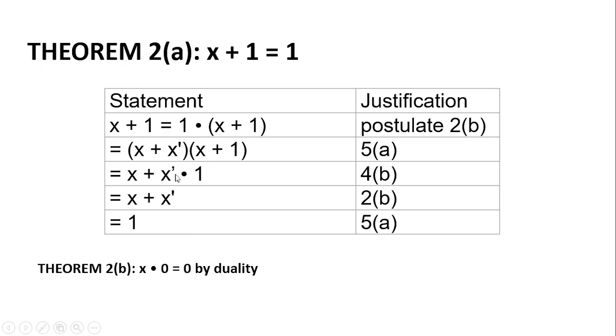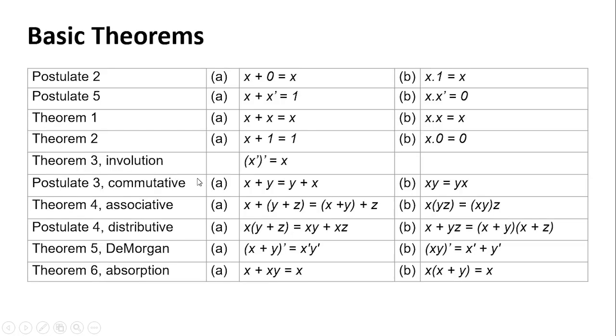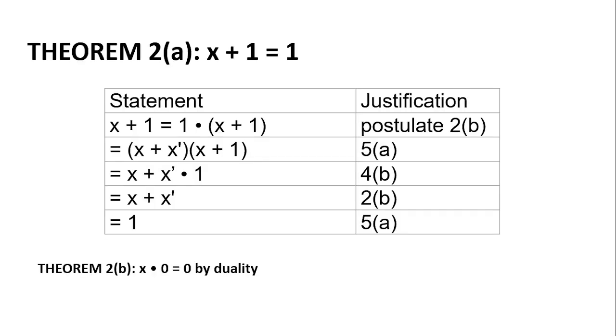What is x dot x bar dot 1? We know that anything dot 1 is equal to itself, so in this case x bar dot 1 is equal to x bar.